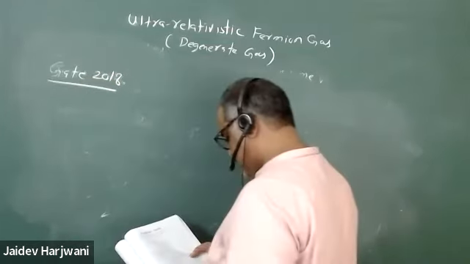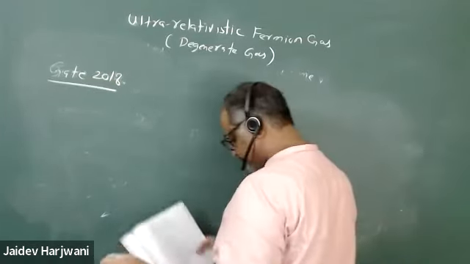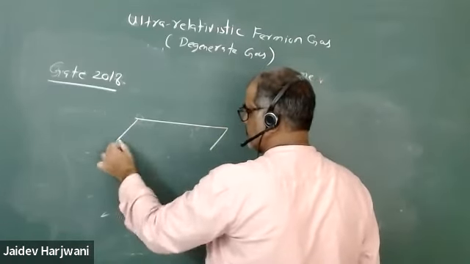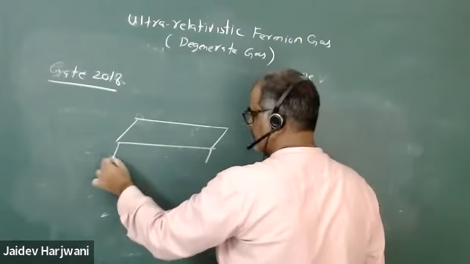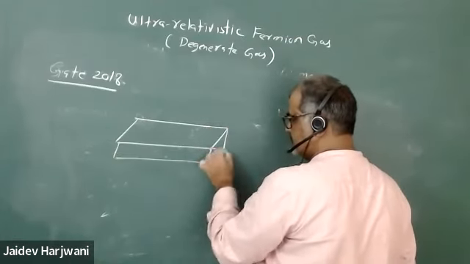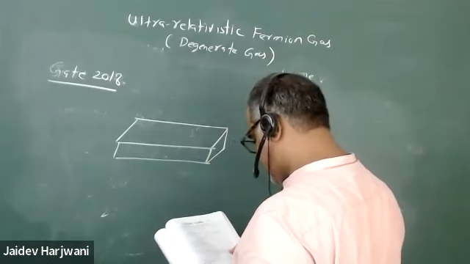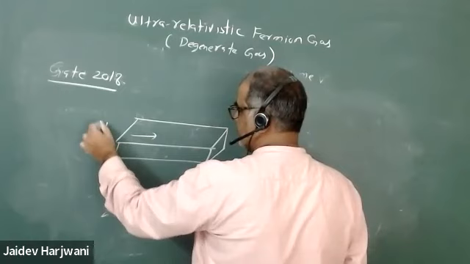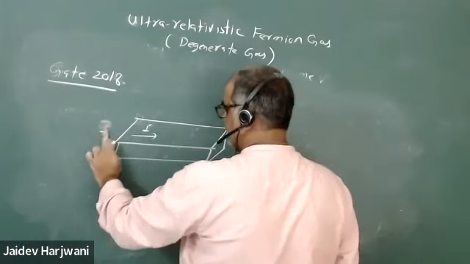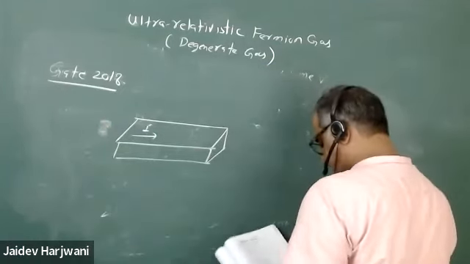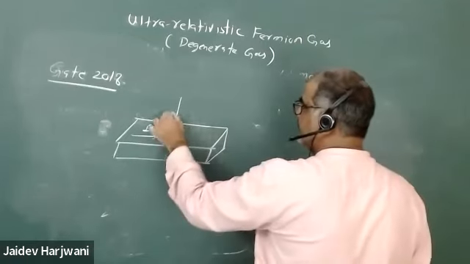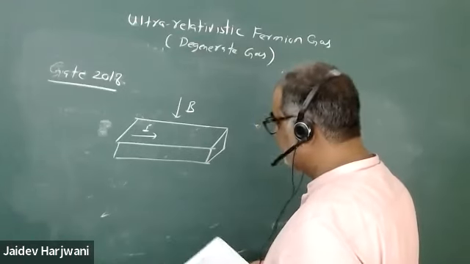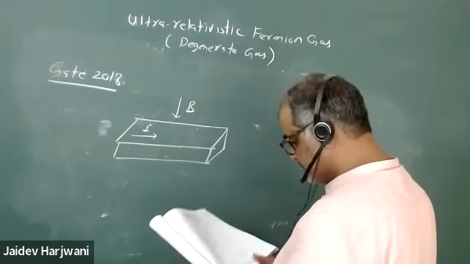Okay, so they have given you a semiconductor slab, and they are flowing a current I in this slab. They are applying a magnetic field B perpendicular to this slab, and it is a p type semiconductor.